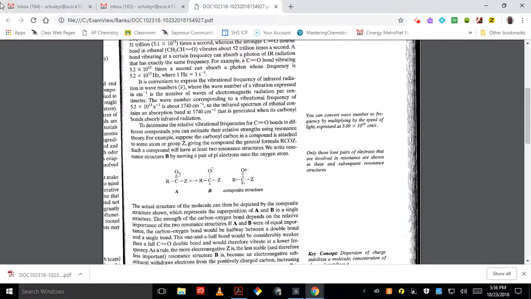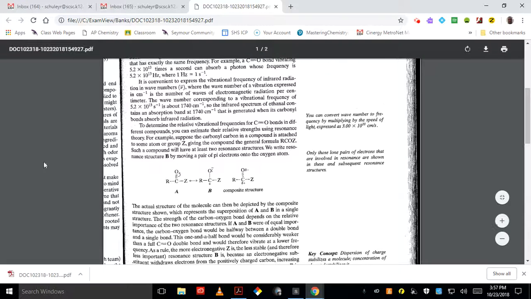And the rule would be, the stronger the double bond, the higher the frequency that it would have in terms of wave numbers. So something with a 1700 wave number has a stronger carbon oxygen double bond than something with a 1630 wave number. So that's what we're looking for.